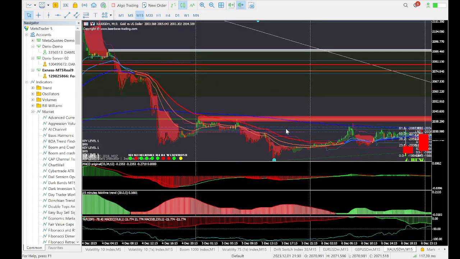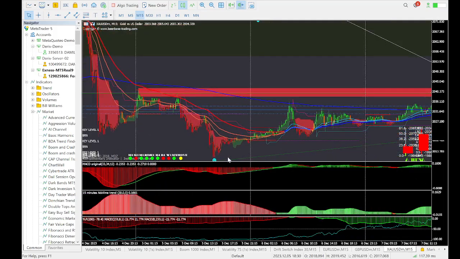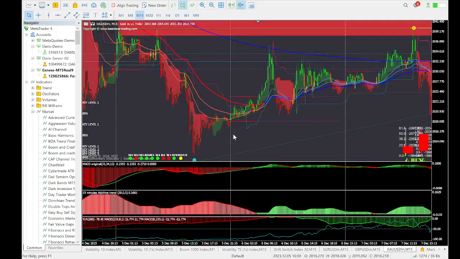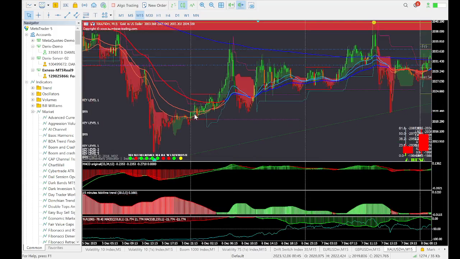So that is about this indicator. And as you can see, as the market reaches the downside here, there is also a big signal to tell us that this market has to buy. That means you are looking for a buy trade.